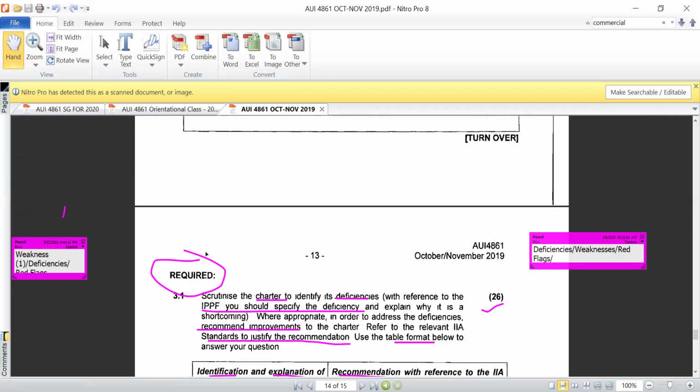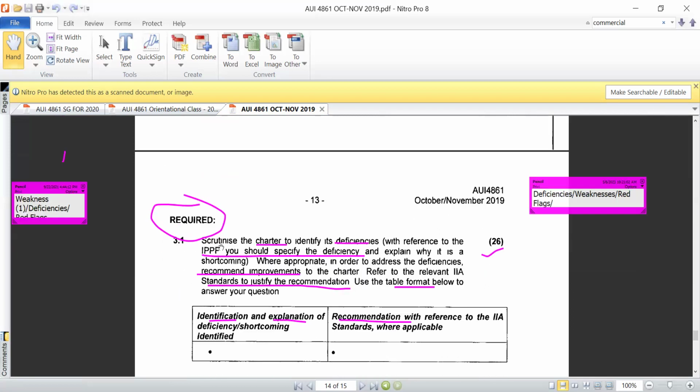In question 3, for instance, 3.1, they're asking you to scrutinize the charter to identify its deficiencies with reference to the IPPF. You should specify the deficiency and explain why it is a shortcoming, and where appropriate, in order to address the deficiencies, recommend improvements to the charter.